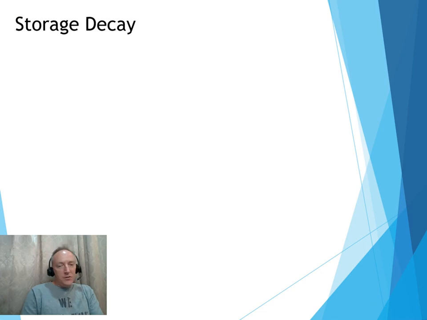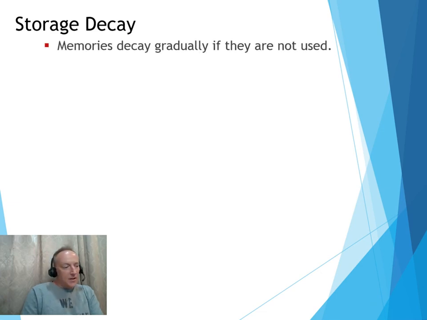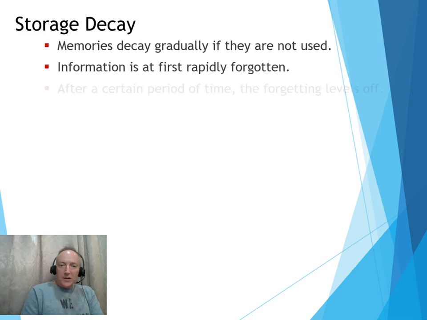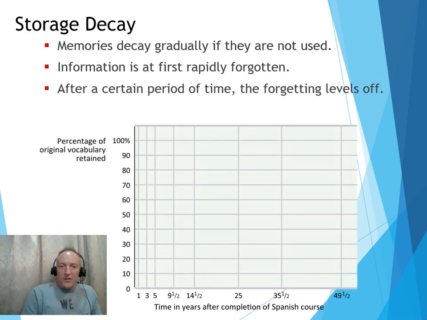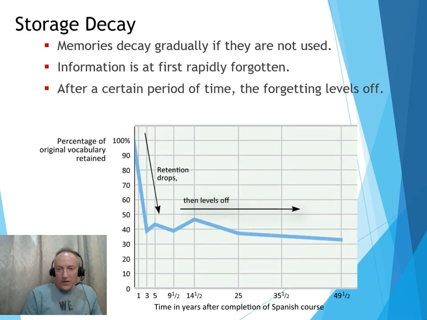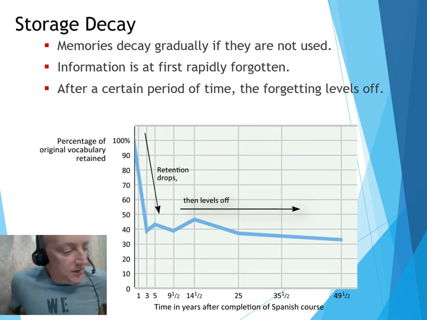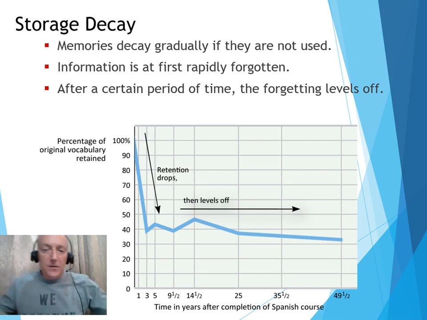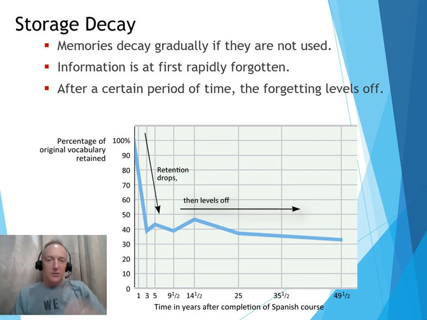Now, storage decay is what can go wrong at the storage process. This means you learn something, but then you haven't done anything with it in a long time. This is a graph of a study that I literally could have been a part of.